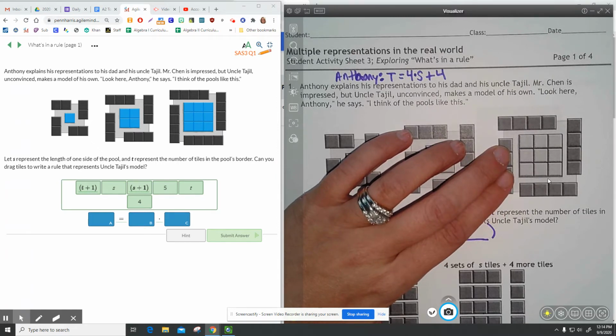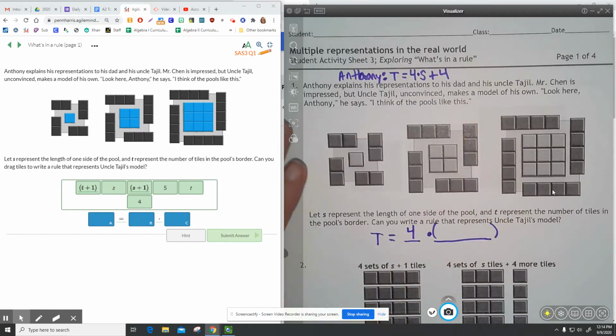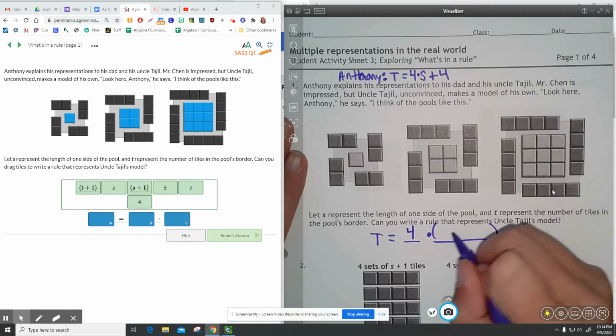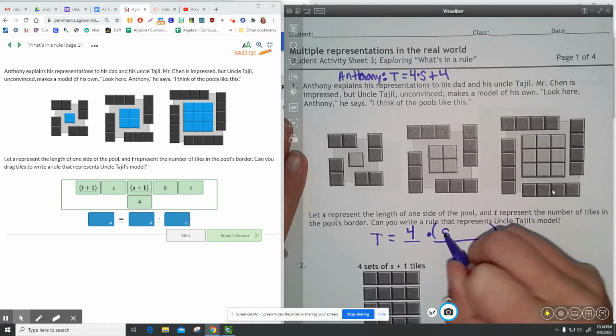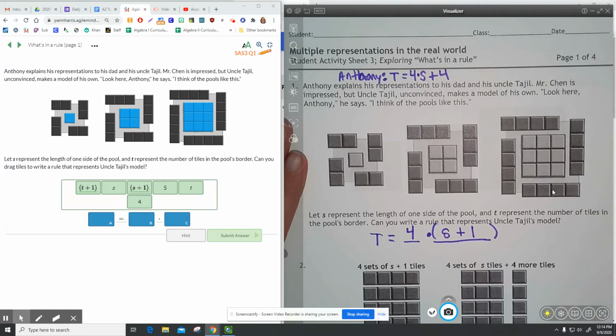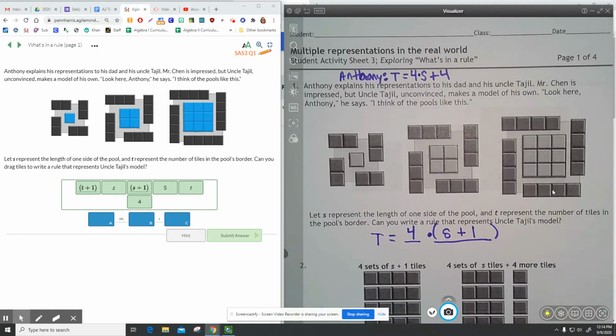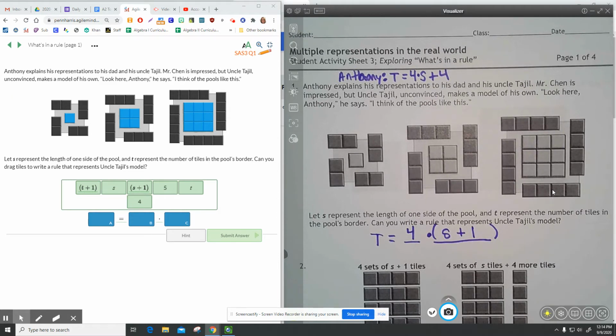So 3 plus 1 gives us 4. If you notice on each one, guys, we took the length of the side and added 1. So this model shows us that we've got 4 times the side plus 1. That's the same as our equation of 4 times the side plus 4.